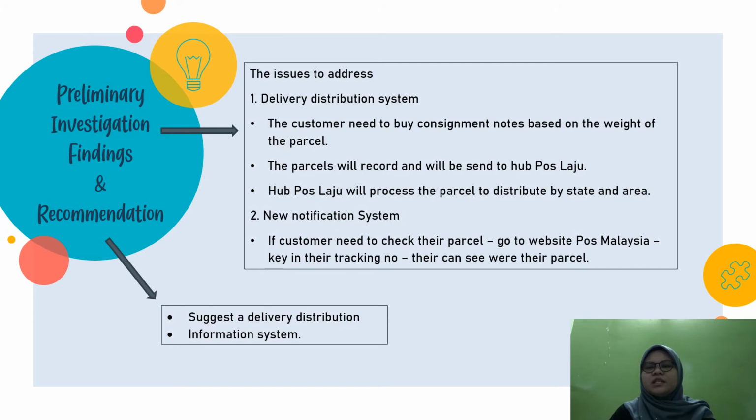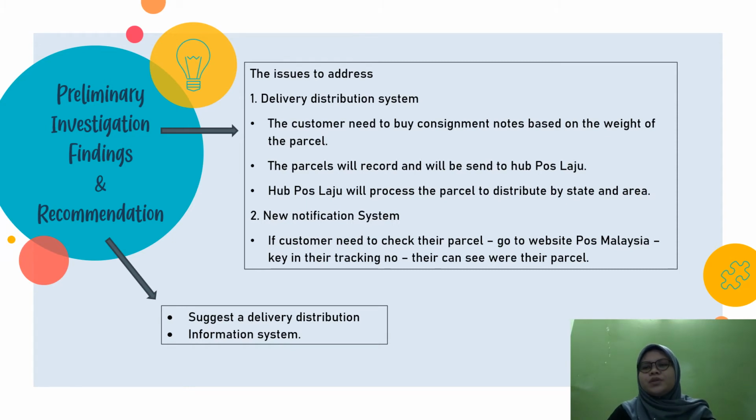Preliminary investigation finding. There are two issues to address. First, the delivery distribution system. The customer needs to buy a consignment note based on the weight of the parcel. The parcel will be recorded and sent to the Hub Pos Laju.